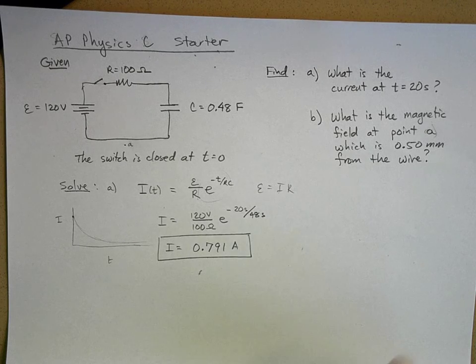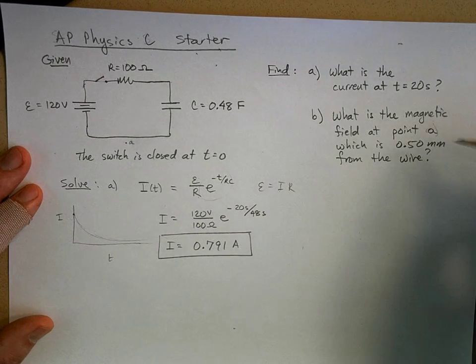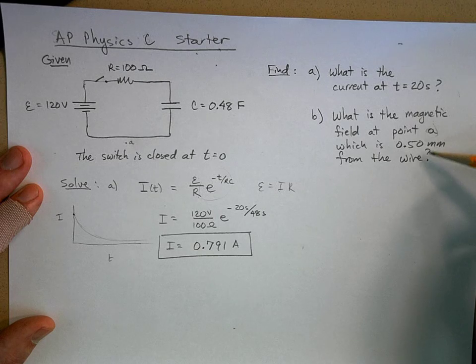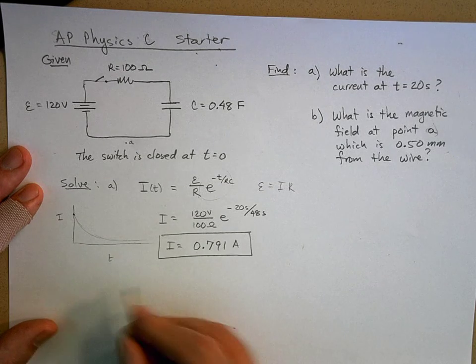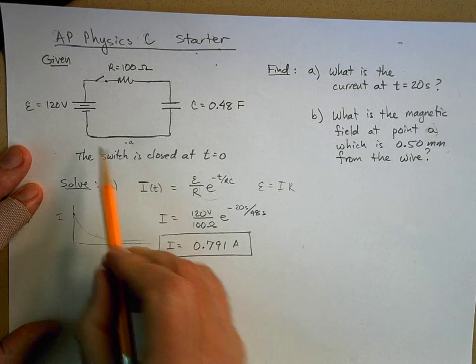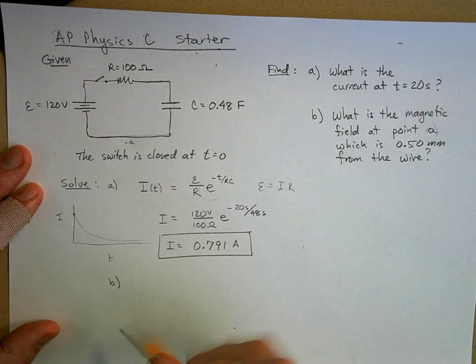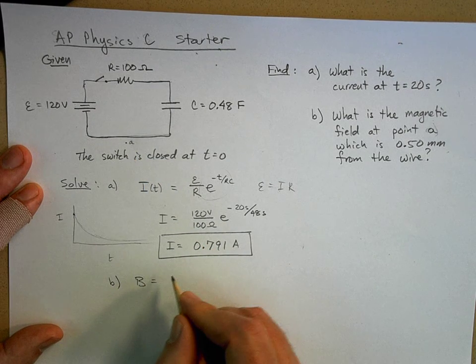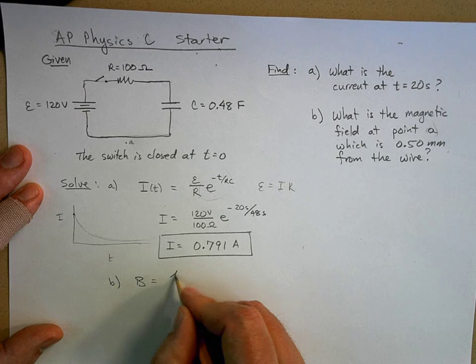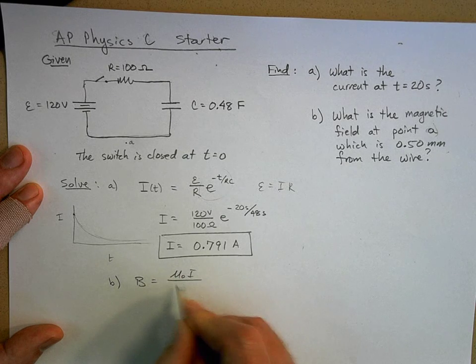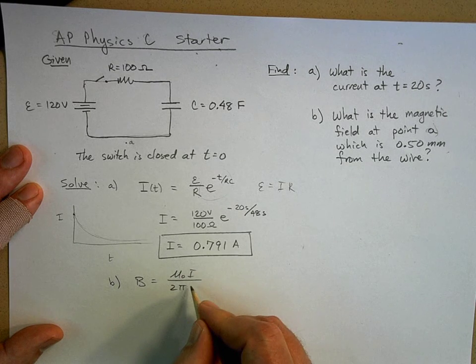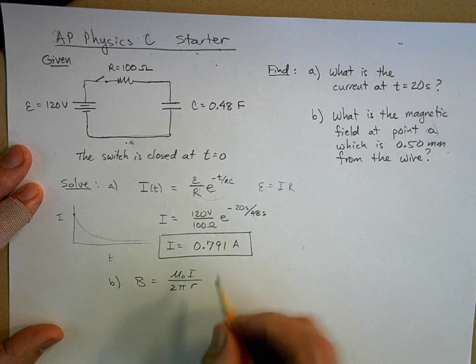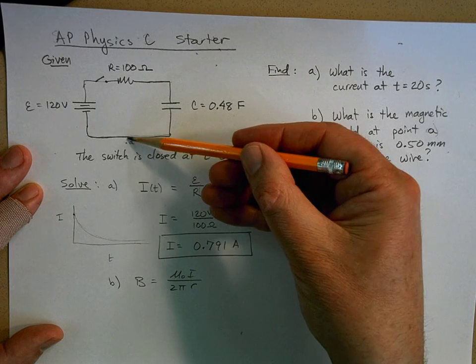Now, what is the magnetic field at a point which is 0.5 millimeters from the wire? And we're just going to treat this like a long straight wire. So the magnetic field for a long straight wire is mu naught I over 2 pi r. R is the distance from the wire to here.